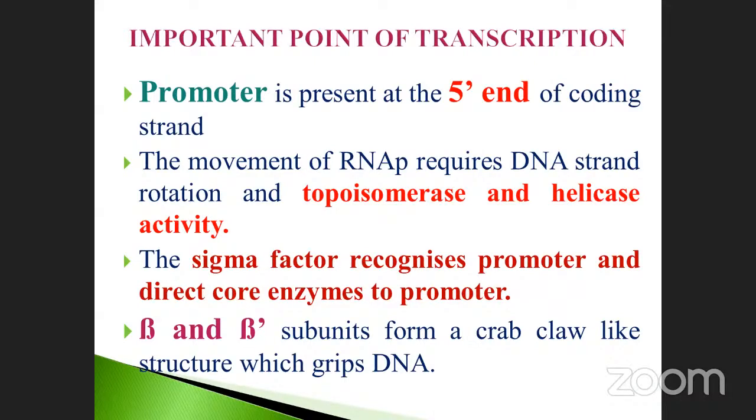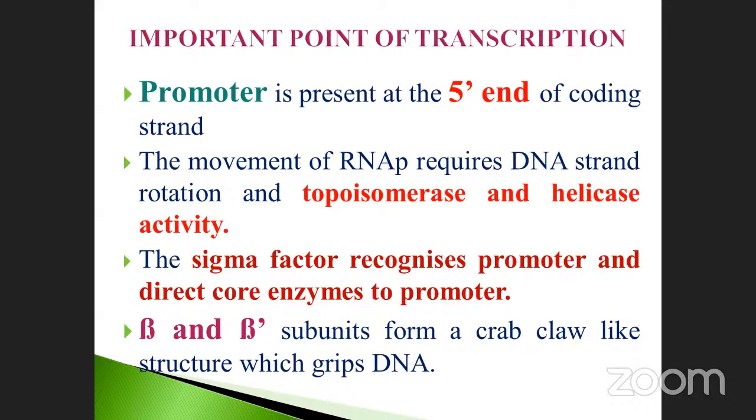Beta and beta dash subunits form a crab claw like structure which grips DNA. This is a crab claw. It can move slowly, just like a crab on the DNA strand. Then only the RNA molecule production takes place.